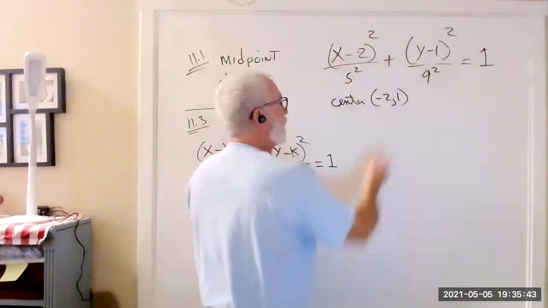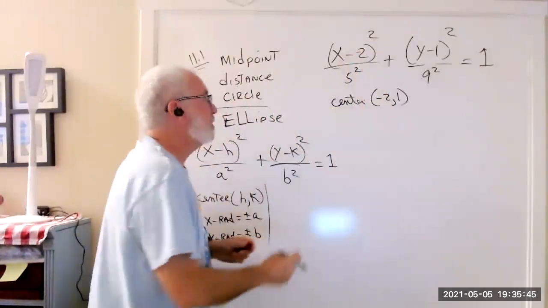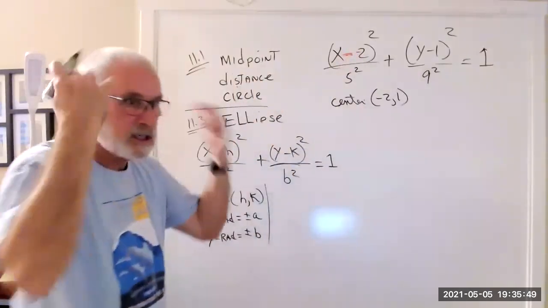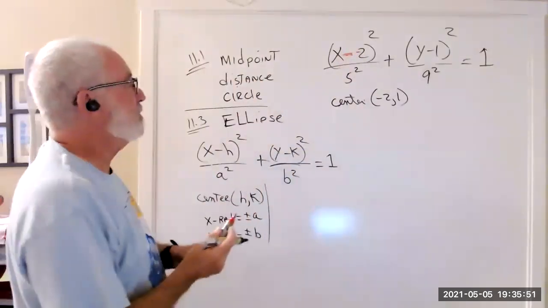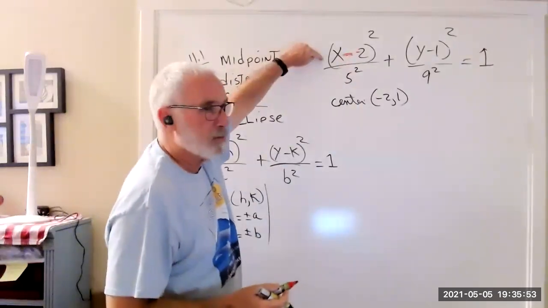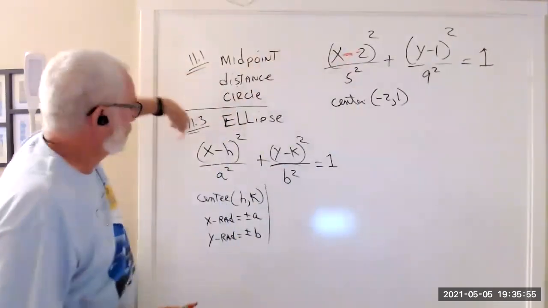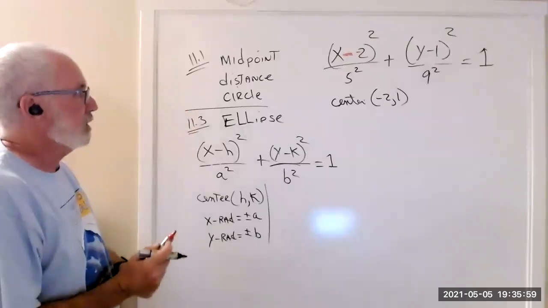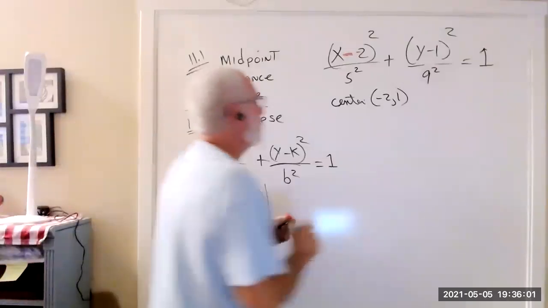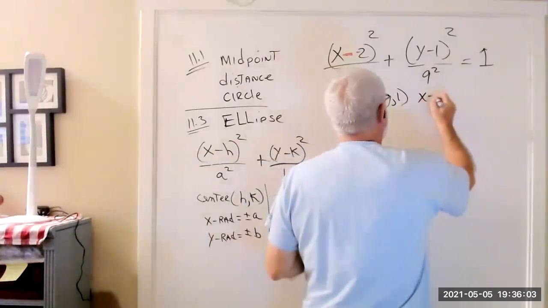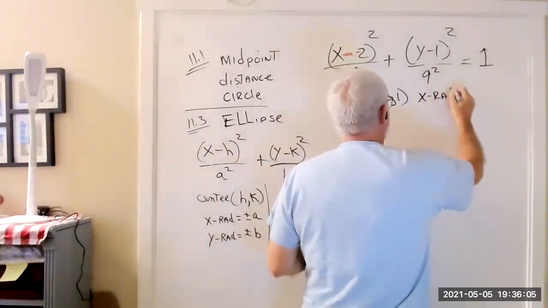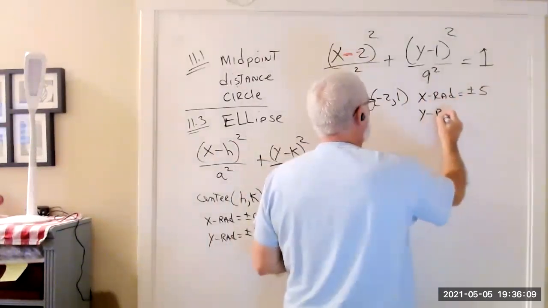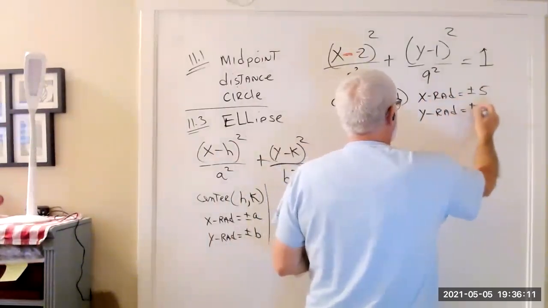And that's how we got the -2. Either on your own paper or at least mentally, you have to make the problem match the formula. The x radius is plus or minus 5. The y radius is plus or minus 9.